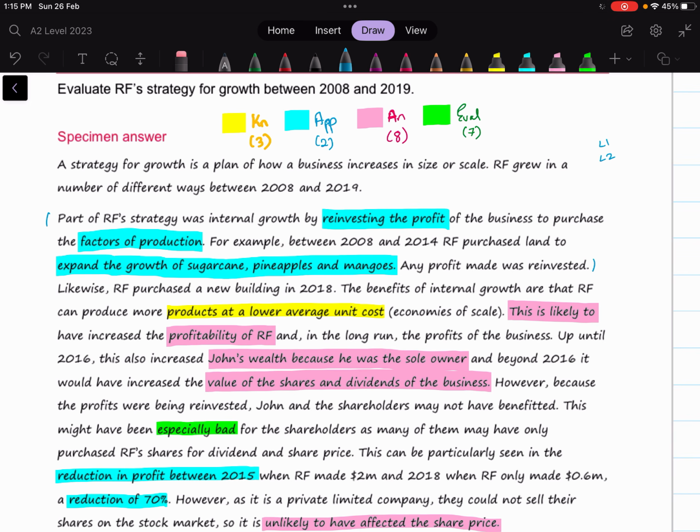Alright, so moving on, the candidate does mention that the benefits of internal growth are that RF can produce more products at a lower average unit cost, that is, economies of scale. So there's 1 mark for knowledge here, because the answer does state the concept of economies of scale and a lower average unit cost.